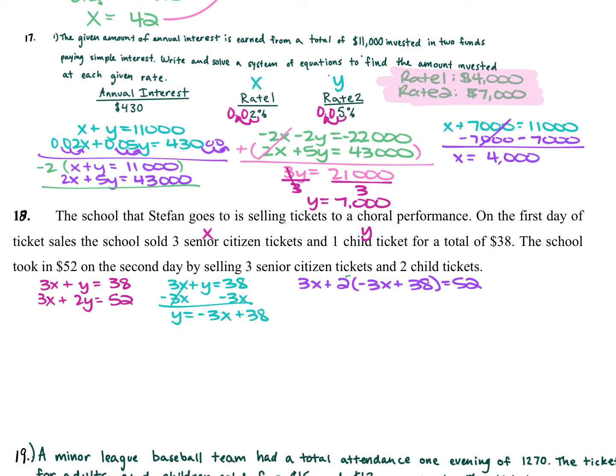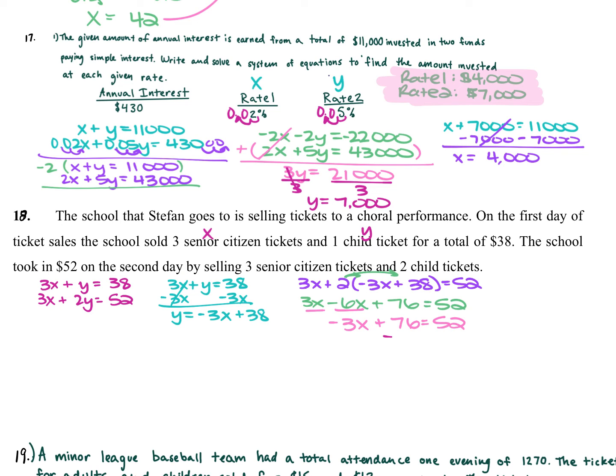Distribute your 2 in. That gives you 3x minus 6x plus 38 times 2 is 76. Combine your like terms here with your 3x and your -6x. That gives you -3x plus 76 is equal to 52.